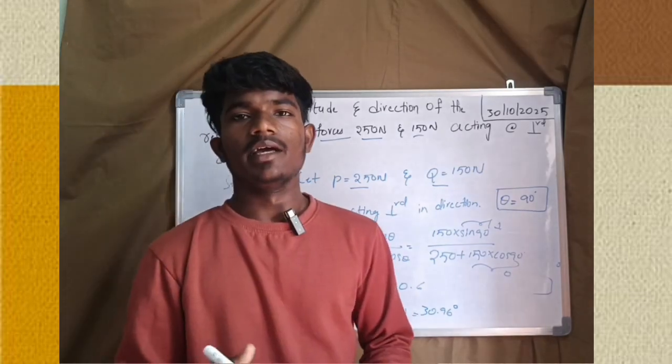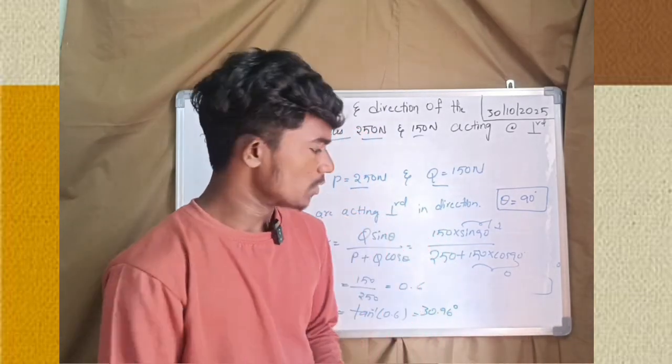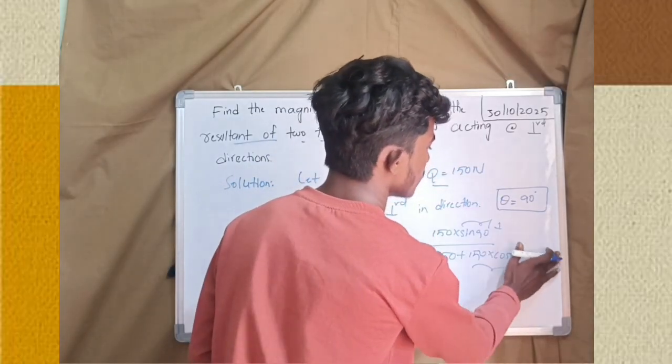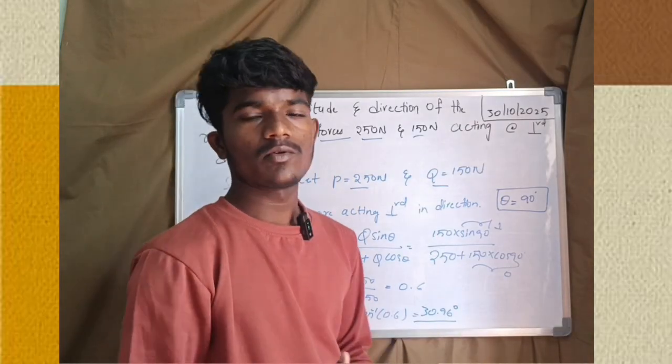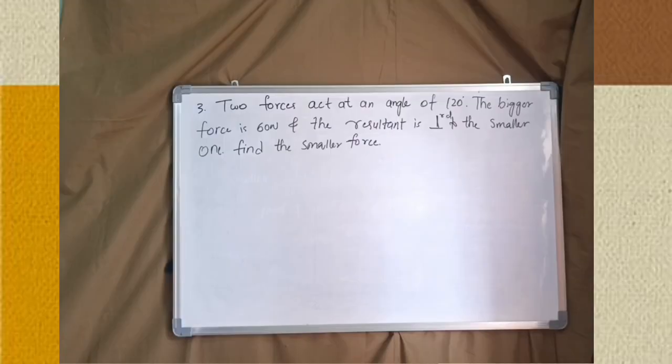So the direction of resultant with horizontal force P is 30.96 degrees. This is the calculation of magnitude, and direction is very simple in these problems.